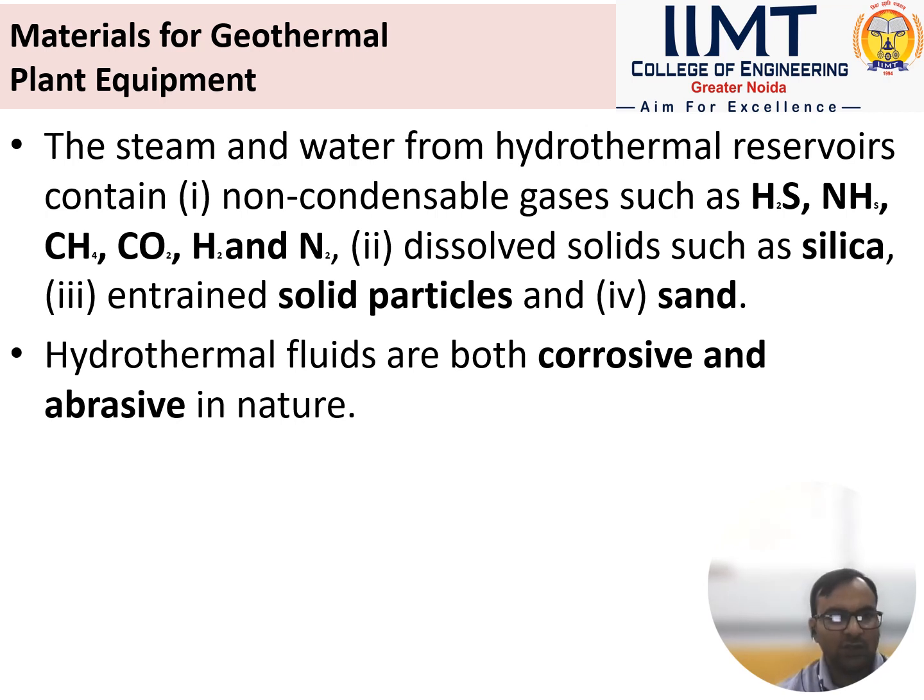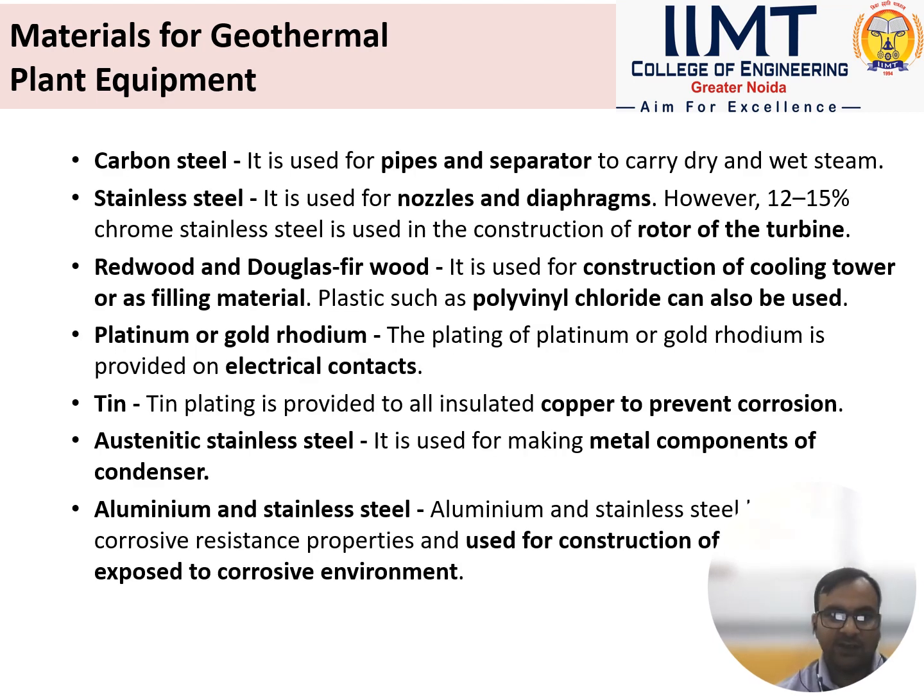So we have to consider the material for geothermal plant equipment on this basis, because hydrothermal fluids are corrosive and abrasive in nature. Those materials are carbon steel, stainless steel, platinum, gold, rhodium, tin, and aluminum.